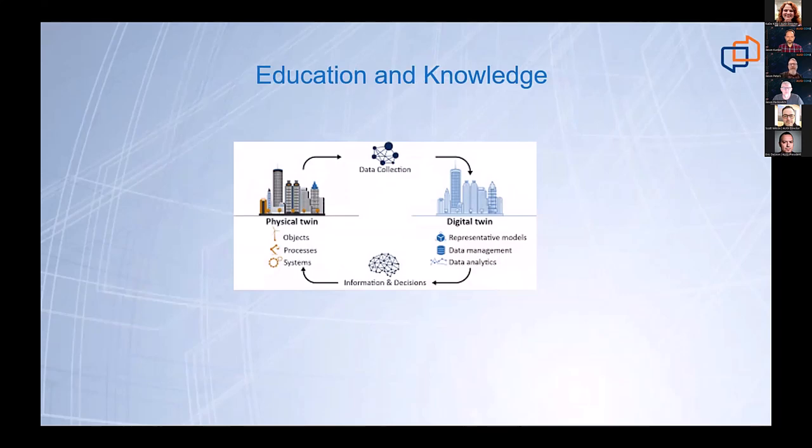And that all comes down to, have we educated them and are they knowledgeable? What I mean by that is, have we educated building owners and facility managers in the type of knowledge that they need? Do they know what a Revit model is going to do for them? Do they understand what ACC could do for them?